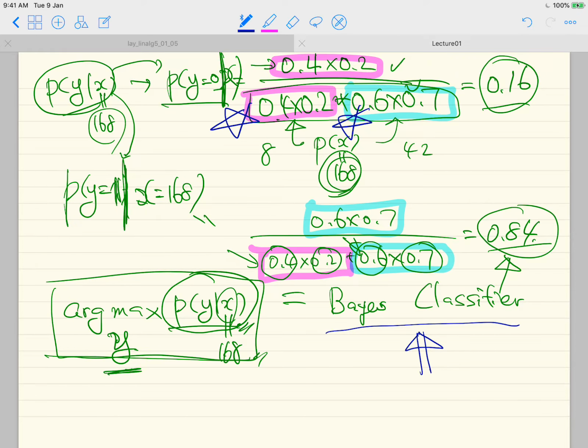So this is the Bayes classifier. But even in this perfect kind of strategy, can we expect some error, or will it give us 100% classification accuracy?